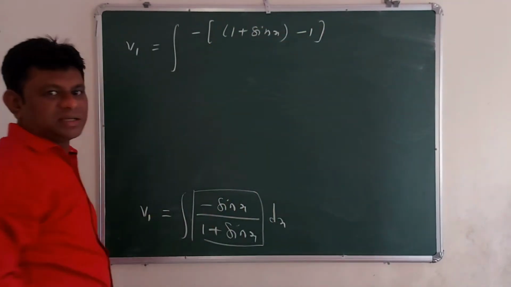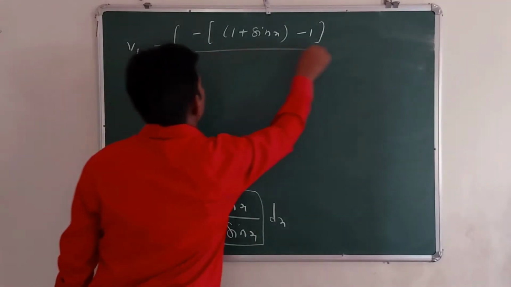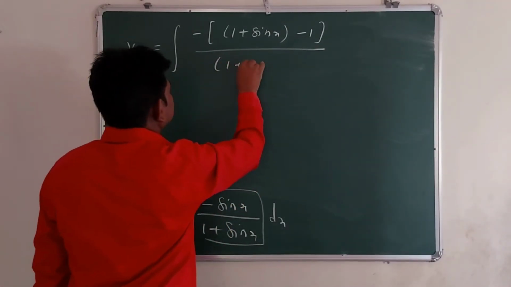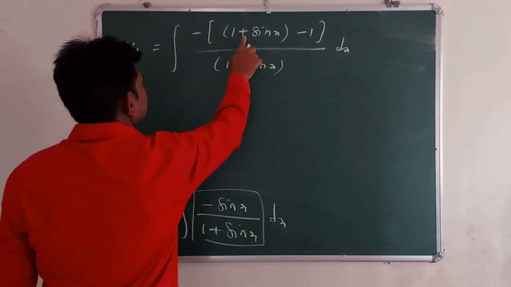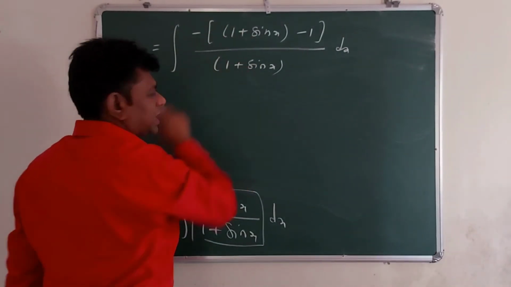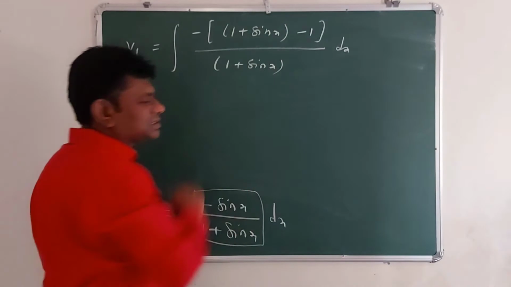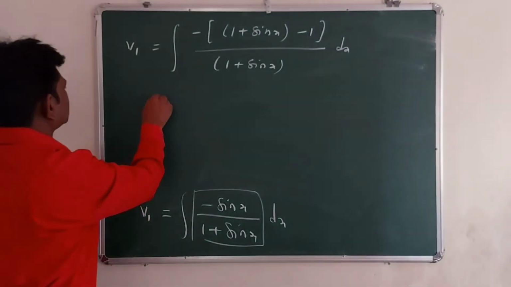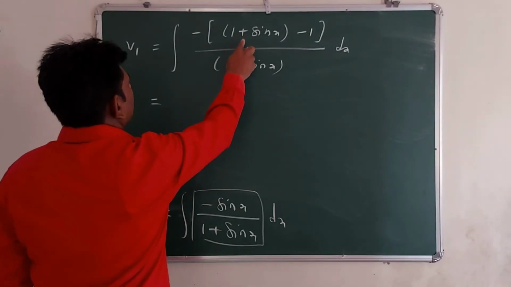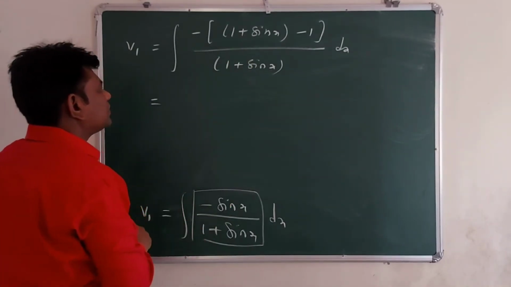Yeah, this is the integral of minus sin x upon 1 plus sin x dx. Now dividing the first term of the numerator by the denominator and the second term of the numerator by the denominator, this is equal to minus 1 plus sin x upon 1 plus sin x.